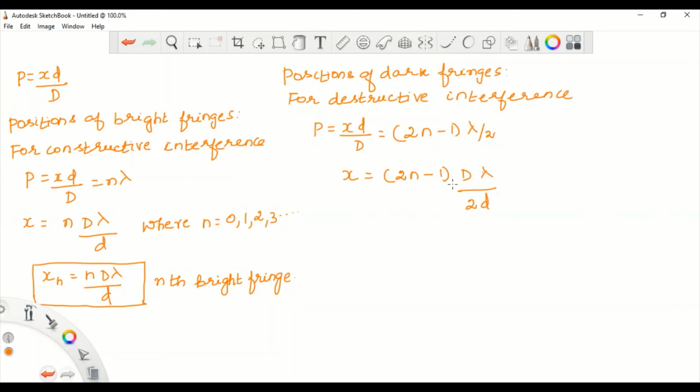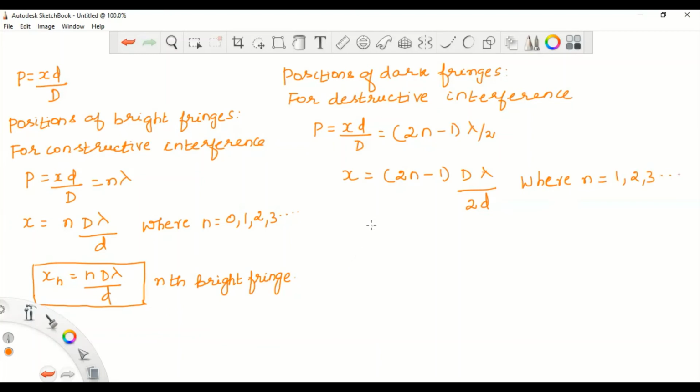For bright fringe it is n D lambda by d, but here it is (2n minus 1) D lambda divided by 2d, and again where n is equal to 1, 2, 3, etc.